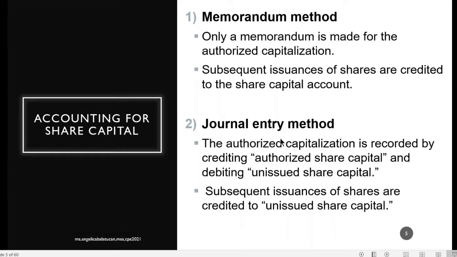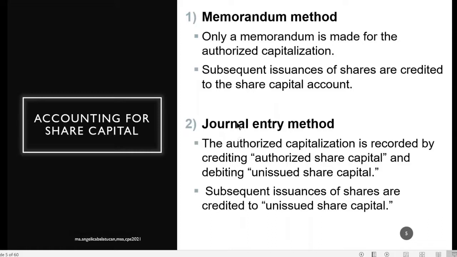For the journal entry method, the authorization has a journal entry. So the journal entry would be debit unissued share capital and credit authorized share capital. That's why it's a journal entry method, because the authorization of the capitalization is journalized, while in the memorandum entry method, the authorization of the capitalization is recorded as a memo entry.